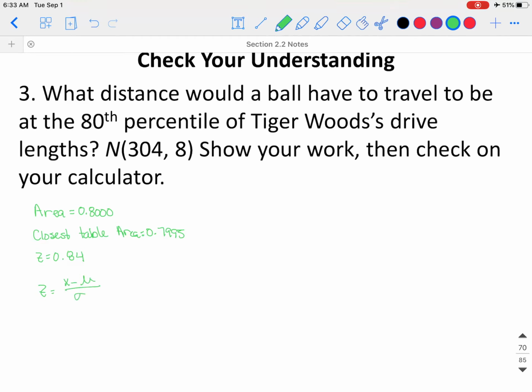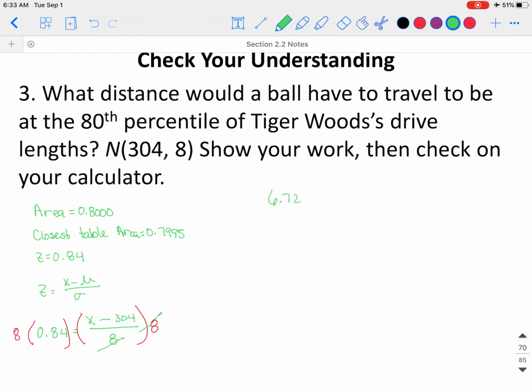Remember, our formula is z is equal to x minus mu over sigma. We know our z value is 0.84. We're solving for x. Our mean is 304, and our standard deviation is 8. So the first thing we're going to do is multiply both sides by 8. So those are going to cancel.